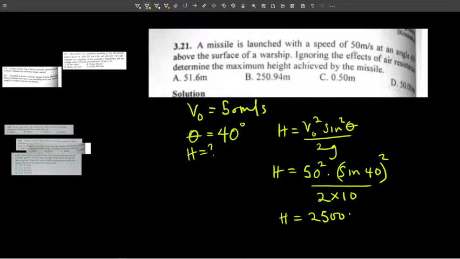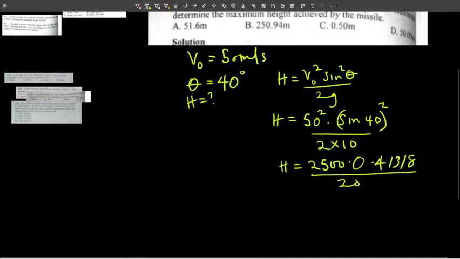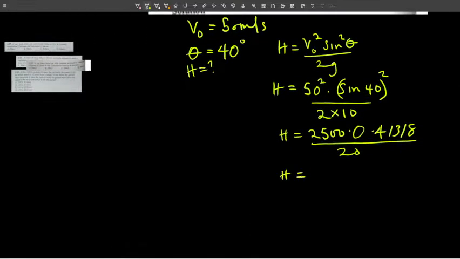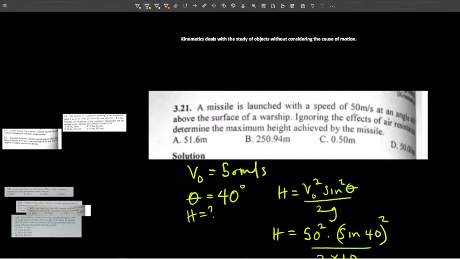Sine 40 is 0.64278, and squared you have 0.41318 all over 20. So simplify that, multiply that by 2500, and divide your answer by 20. We're going to have 51.65. So the answer is A.